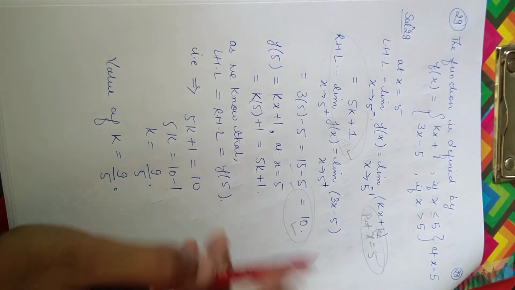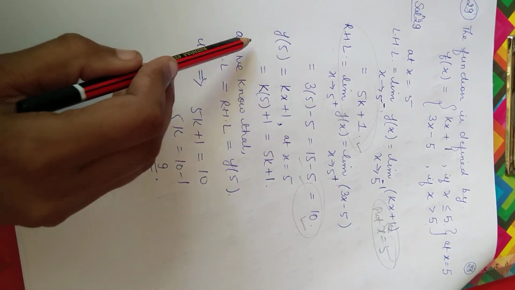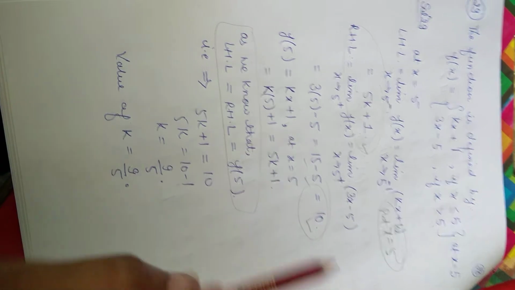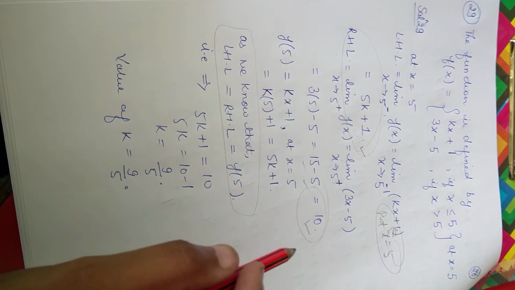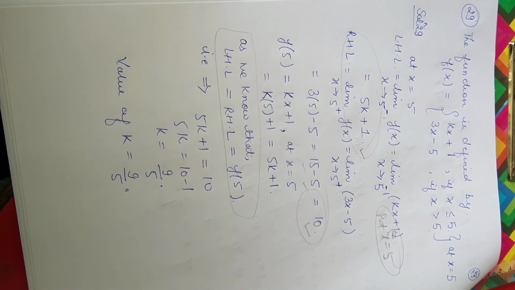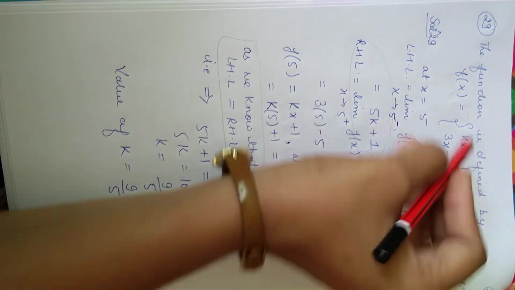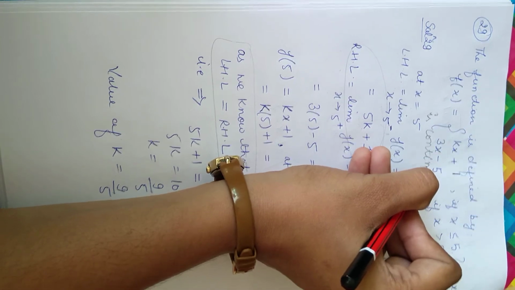These two values are different, but according to the question these are the same. Why are these the same? Because in the question it is given that the function is continuous at 5. It is already given, beta, ठीक है?